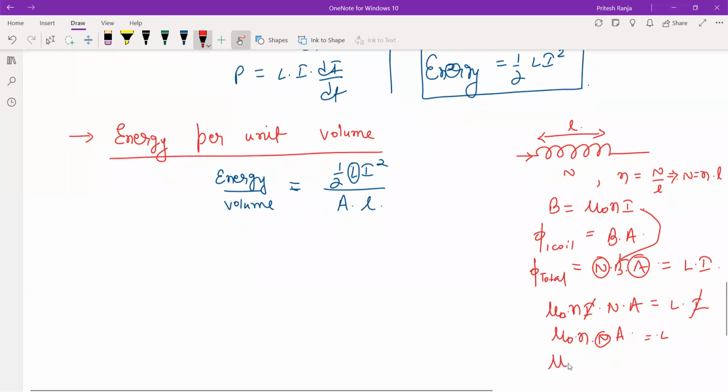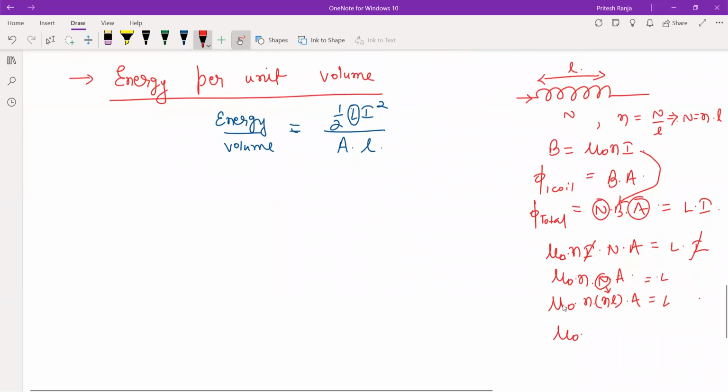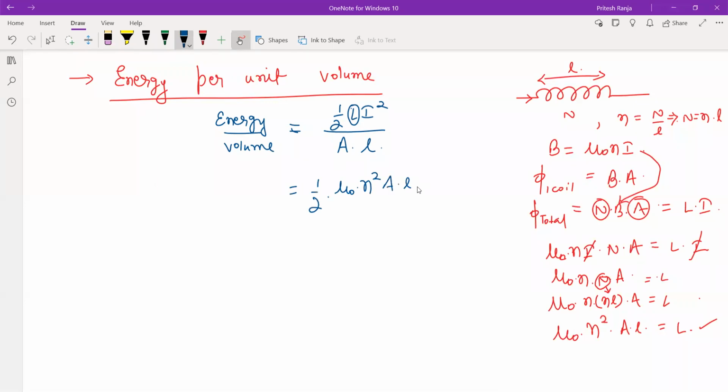So we get mu naught n into l instead of N, into A is equal to L. And we get mu naught n square A into l as the expression of L. Let us use this expression here, and that gives us half mu naught n square A l into I square divided by A into l.